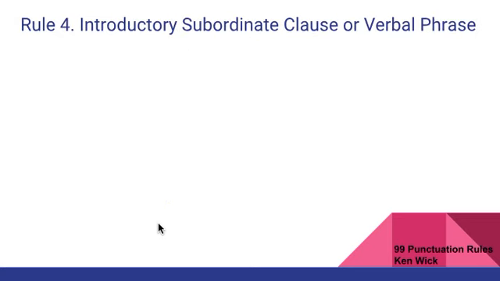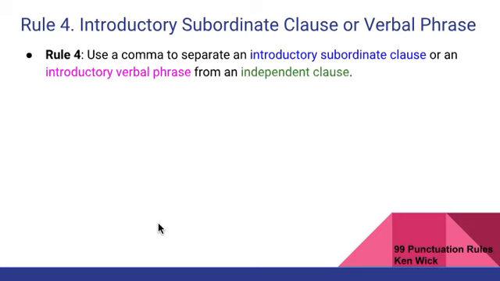Rule number 4. Use a comma to separate an introductory subordinate clause or an introductory verbal phrase from an independent clause. So basically, you have a subordinate clause or a verbal phrase which precedes an independent clause.